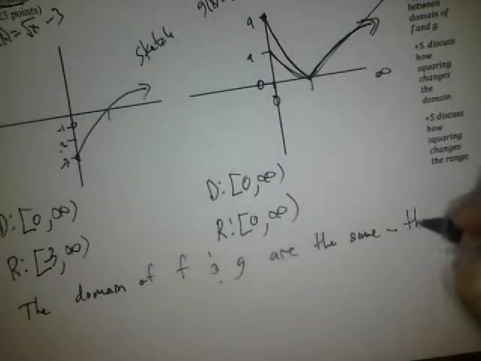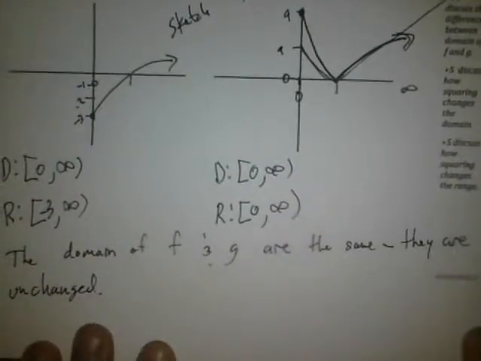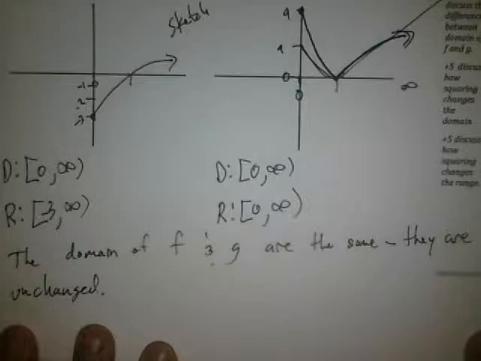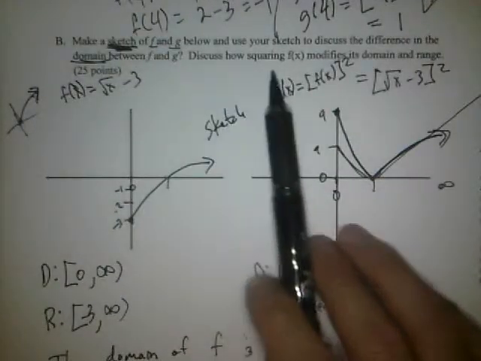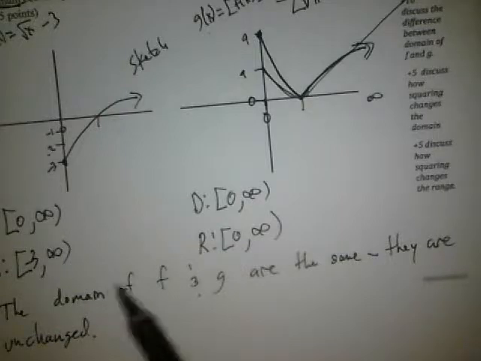We could say they are unchanged. All I want you to do is talk about it. How are they the same? How are they different? Okay? And now we need to discuss how squaring modified the domain and the range. We already talked about the domain, so now we need to talk about the range.